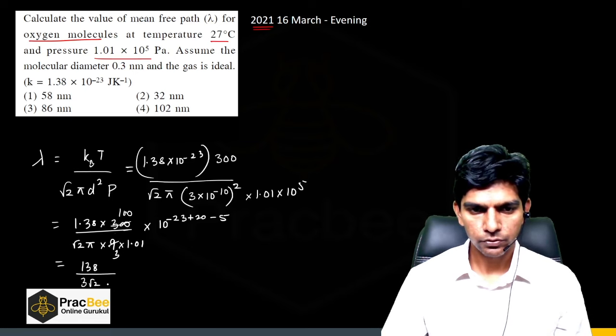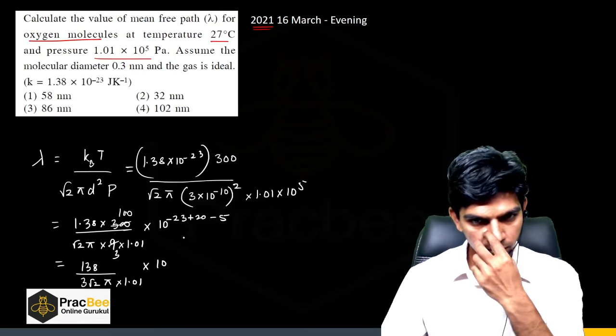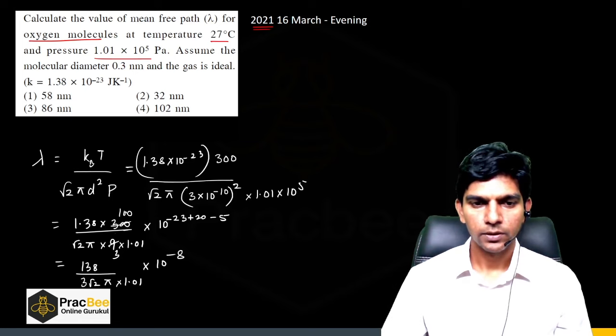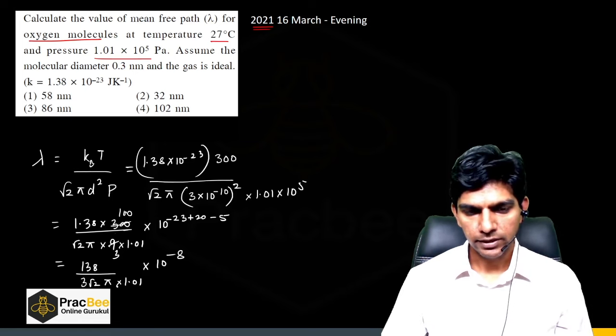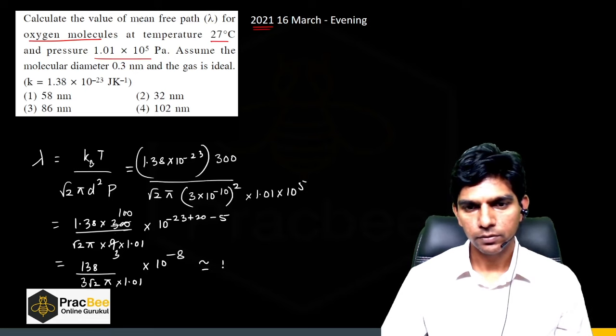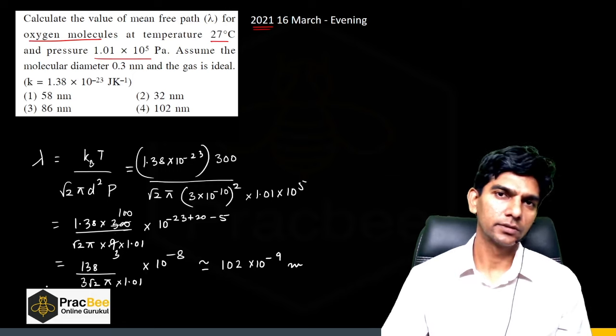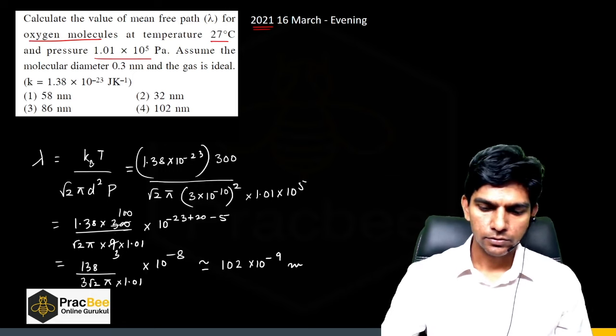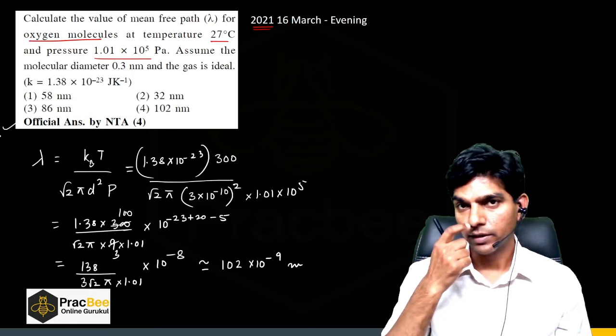So 3 root 2 pi times 1.01 into 10 raised to power minus 8. Now we have to simplify this, right? When we simplify this, we will get around 102 into 10 raised to power minus 9 meters, right? So option 4 is the right answer.